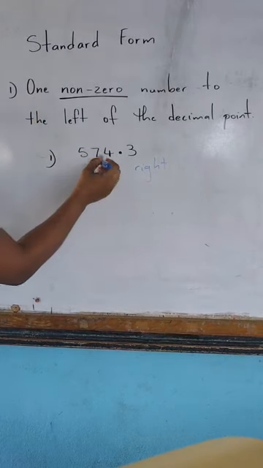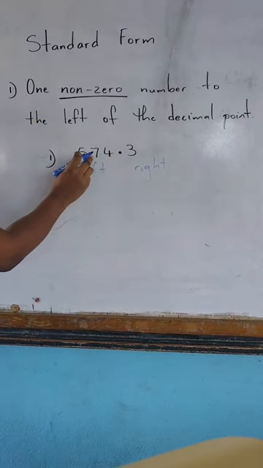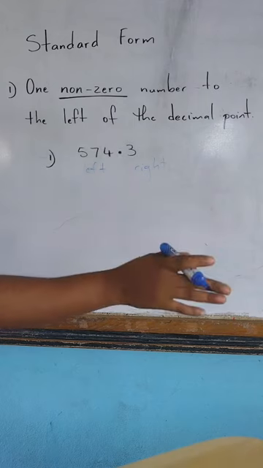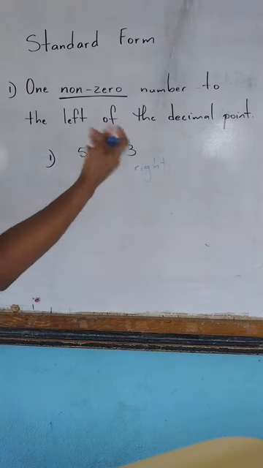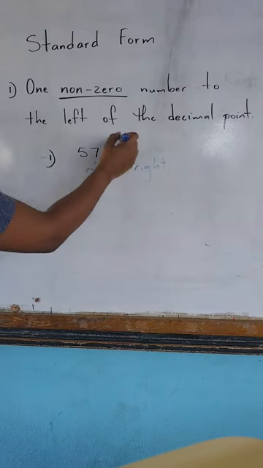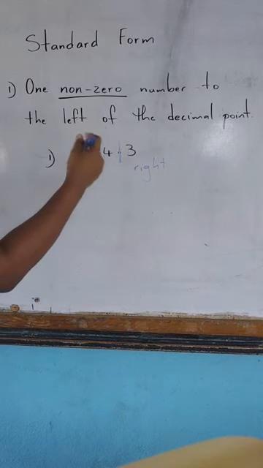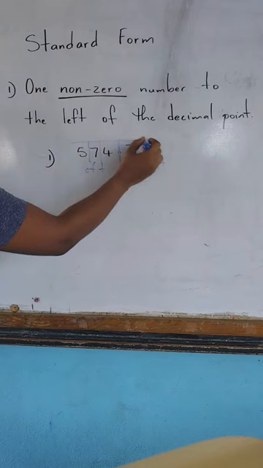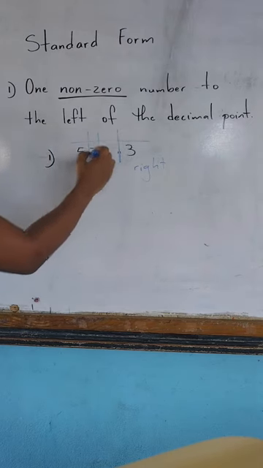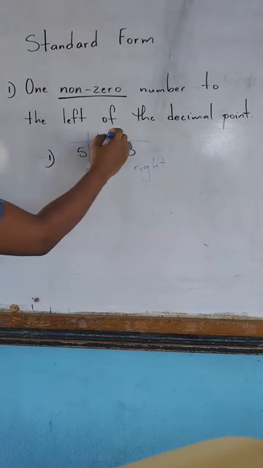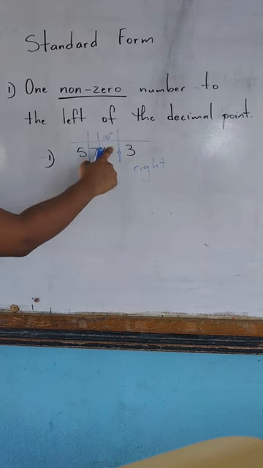However, if I just take the point and put it right here, it's going to change the whole value of the number. When we look at the values of our numbers, we know that on the place value chart, each number has a position in terms of the base 10 system. So from here, it is 10 to the 0 power, which is our ones column.